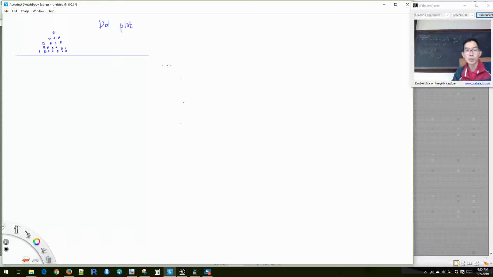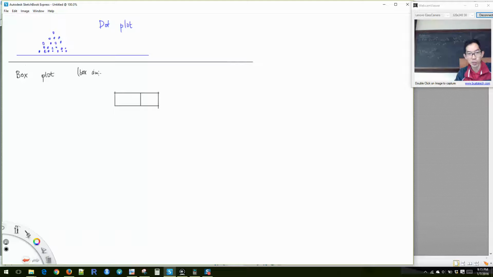Another graphic display is called a box plot. A box plot might also be called a box and whisker plot.